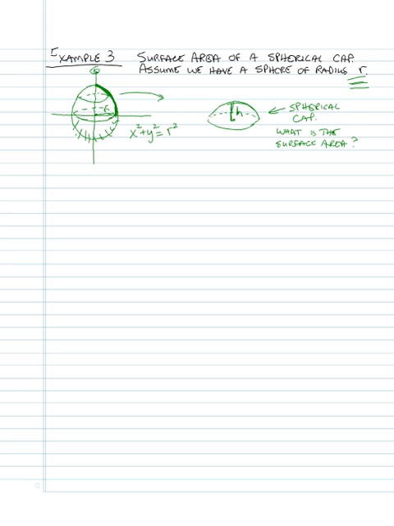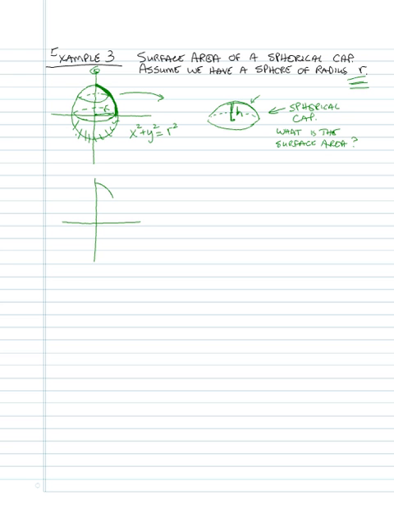So maybe all we need to be concerned about is taking this part of the curve right here. Let me redraw that. Taking this part of that curve, which would be right here, this represents this cap.